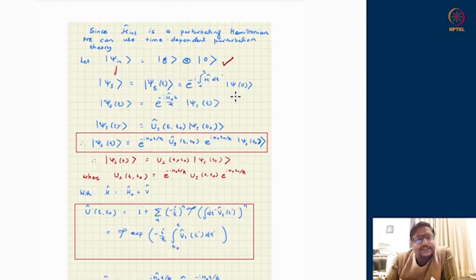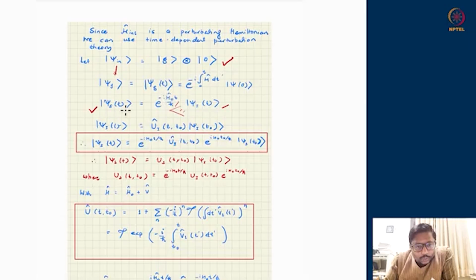But recall, we had discussed that the same time evolution can be understood in terms of something called the interaction picture, with interaction states and interaction operators. In these new equations, the time evolved Schrodinger wave function can be written in terms of the interaction wave function, acted upon by e to the power minus i H naught t upon h bar, where H naught is just the free field part of the Hamiltonian without the perturbation.